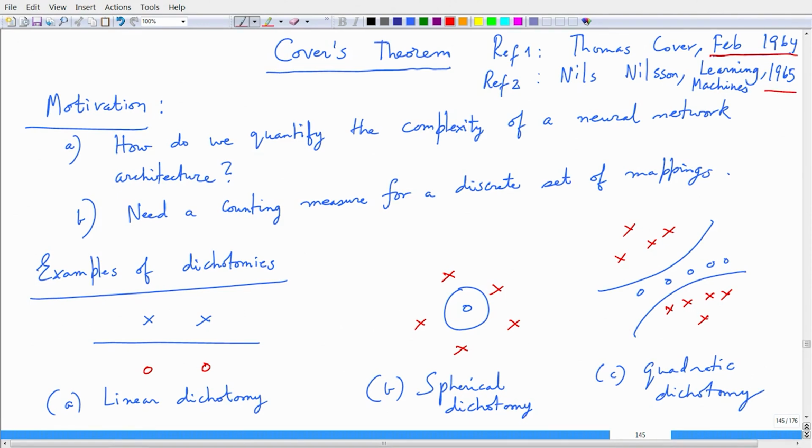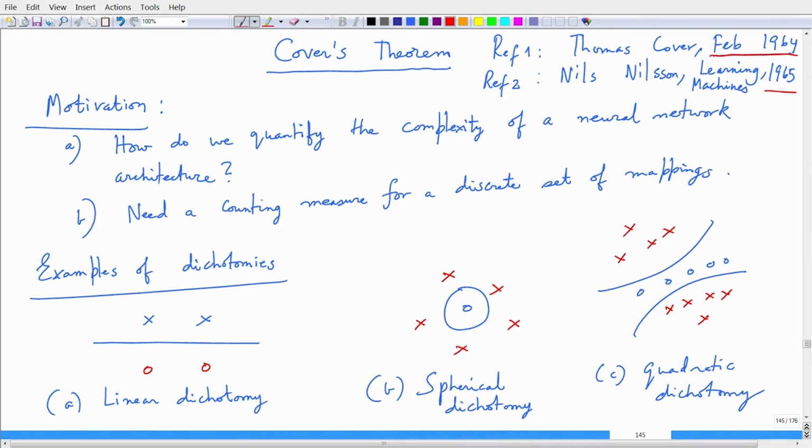We will begin with a brief motivation of this theorem. How do we quantify the complexity of a neural network architecture? So, if I have to do a classification task, how can I quantify the complexity of a neural network architecture?